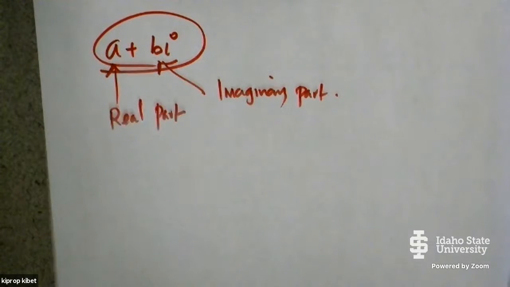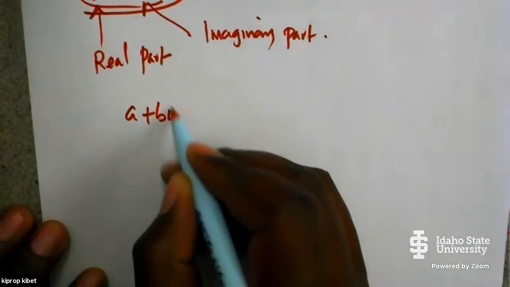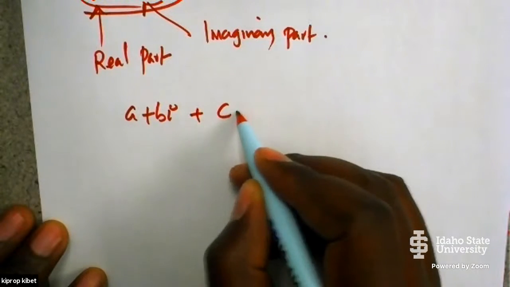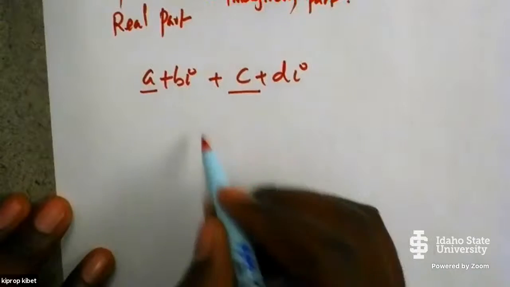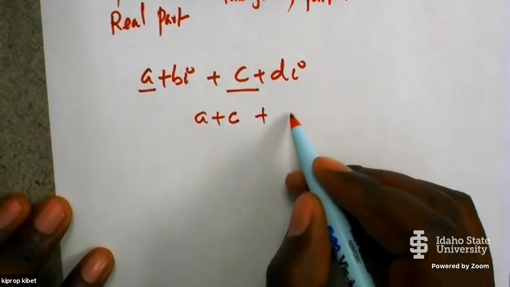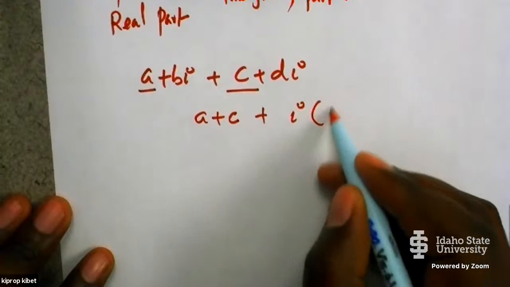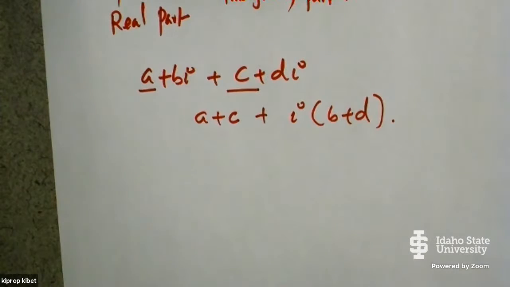So if you're adding a + bi plus c + di, you just add the real parts, which is a + c, plus the imaginary part, which is i(b + d). So you add the real and the imaginary parts.